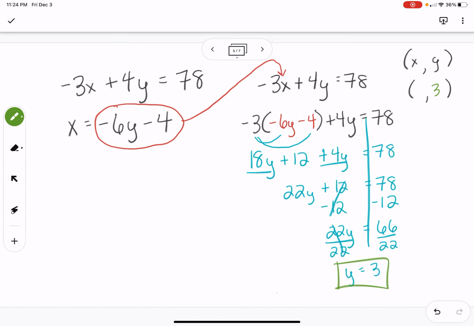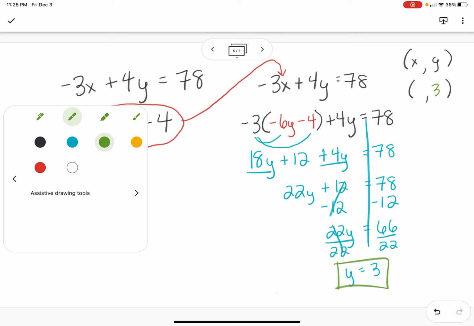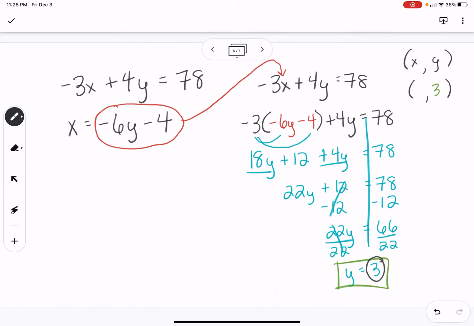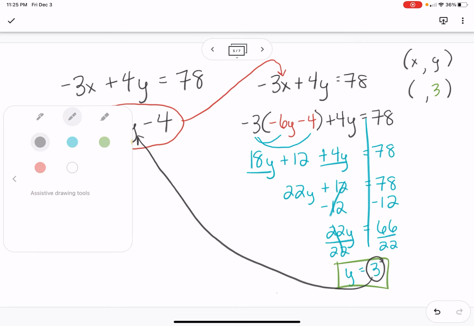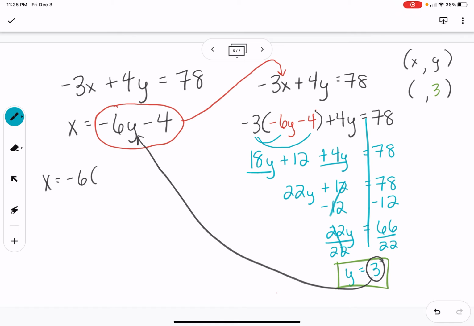I'm going to take what y equals, which is 3, and I'm going to make a full circle, plug it into the y in the beginning, that first thing I circled up there. Okay, so I've got x equals negative 6 times, again, this is no longer y, but what we found that y was, which is 3.